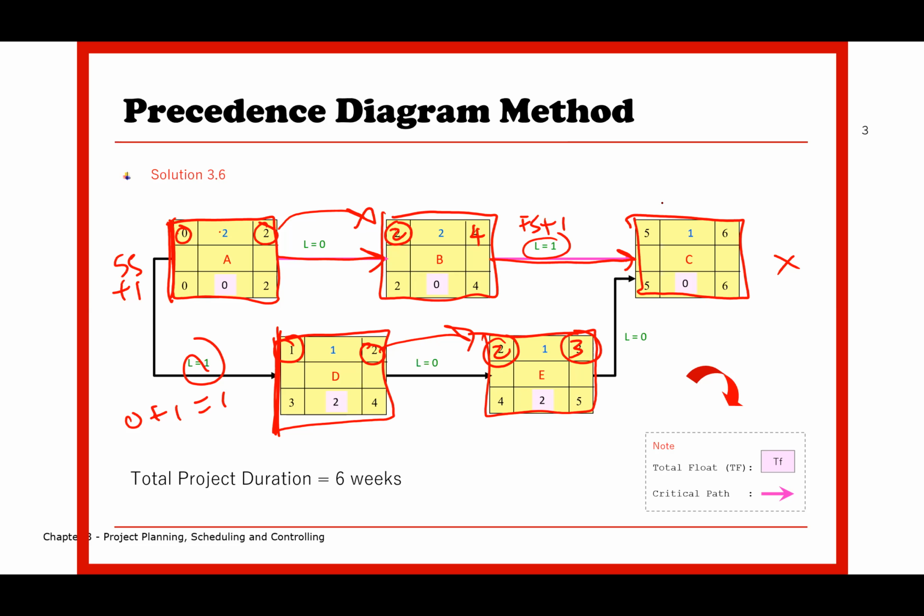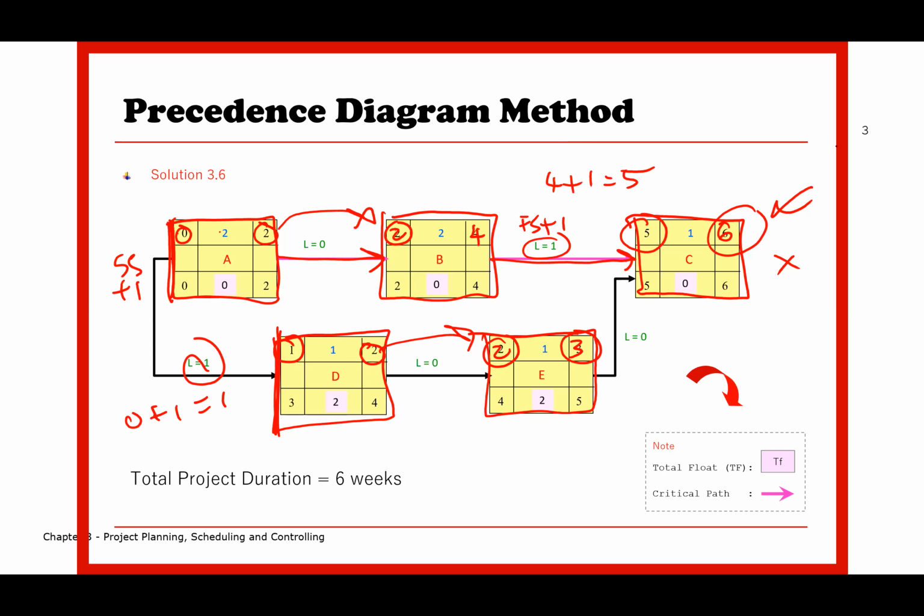And then lastly, okay, 4 here, 4 plus 1 equivalent to 5. So 5 and 3, 5 is the biggest value among the two. So 5 is here, 5 plus 1 equivalent to 6. So 6 is the overall project duration.